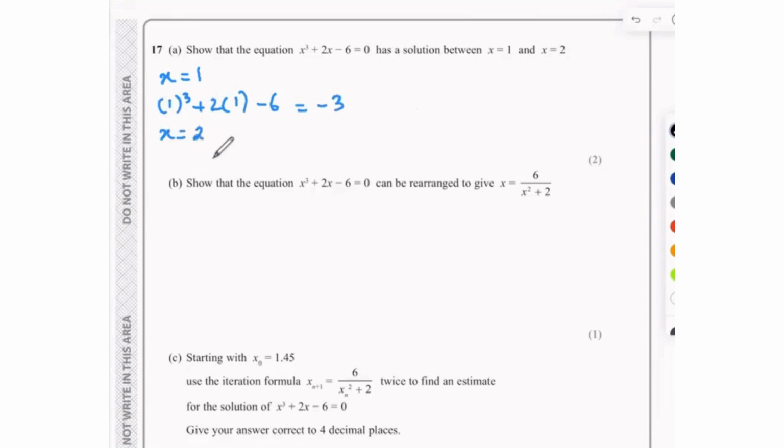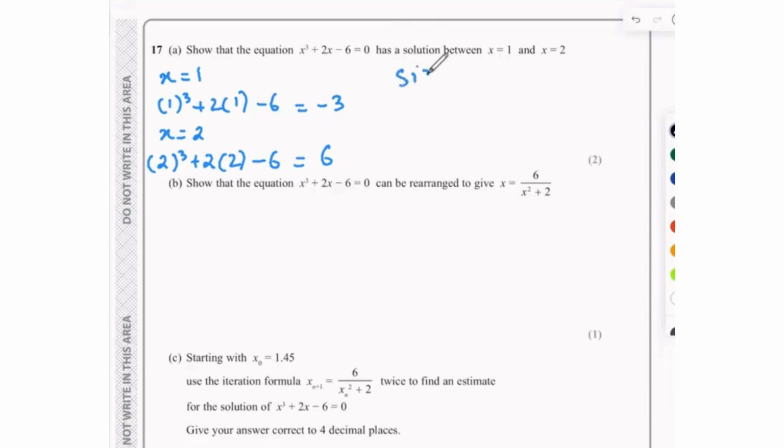When you put x equals 2, that's 2 cubed plus 2 times 2 minus 6, which is 8 plus 4, that's 12, and 12 minus 6 is 6. How can you prove that the solution exists between these two points? If the sign changes for the final value, as you can see, when x equals 1, your value equals negative 3, whereas when x equals 2, your value equals 6. So whenever the sign changes, it shows that your solution exists between these two values.